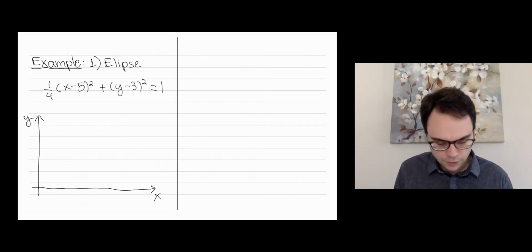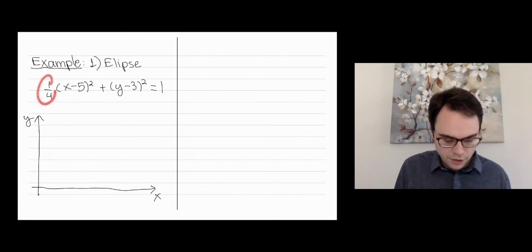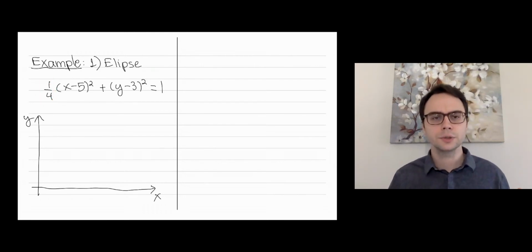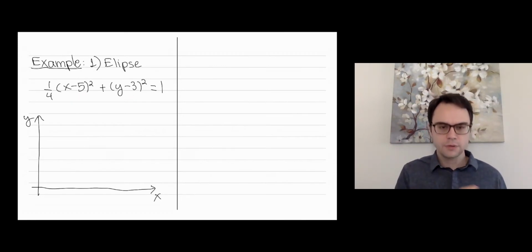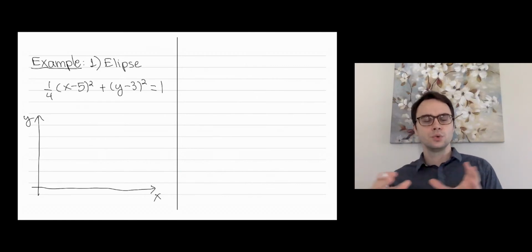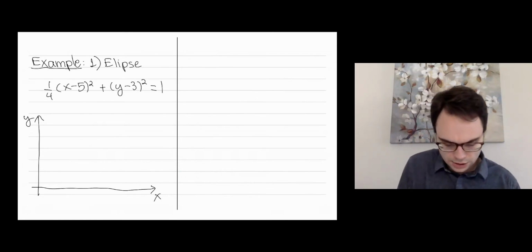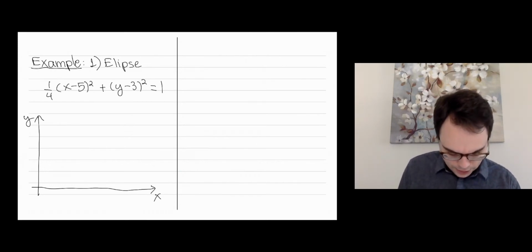If I didn't have the 5 and the 3, I would have an ellipse about the origin. If I didn't have the 1/4, I would have a circle around the origin. Now the effect of the 5 and the 3 is to take the shape I would have about the origin and move it to another point. So the center, instead of being the origin, is going to be the point (5, 3). So this thing is going to enclose the point (5, 3).